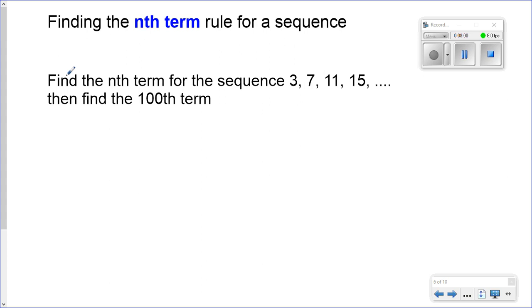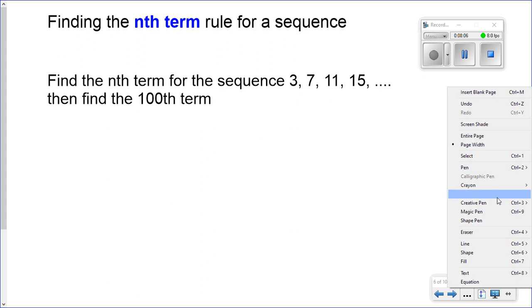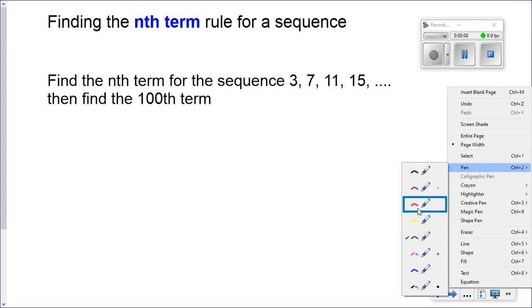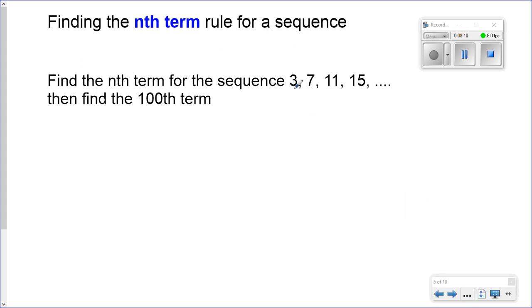So here's our question. Find the nth term for the sequence 3, 7, 11, 15. So what do we notice first about this sequence? First thing we're going to do is have a look at what does this sequence go up in. This sequence, if you look very carefully, goes up in 4s.